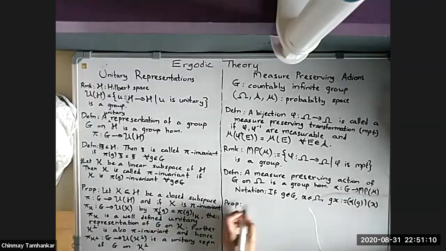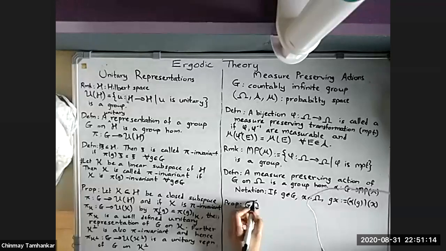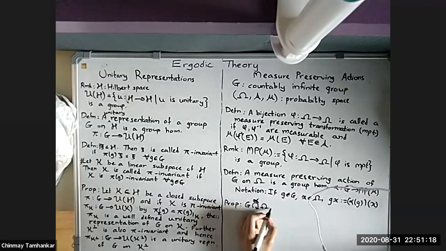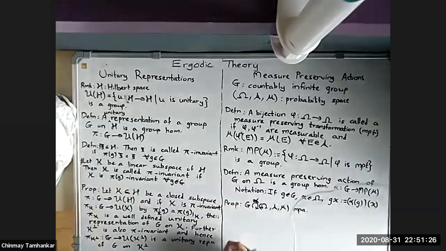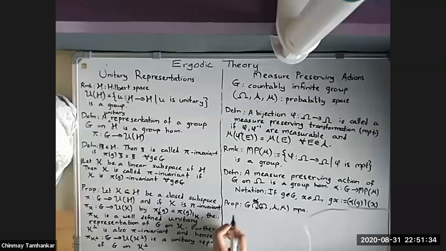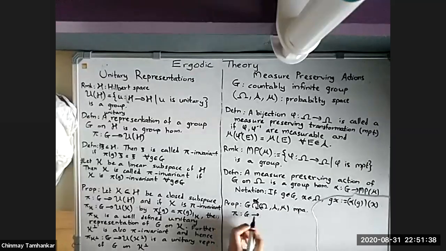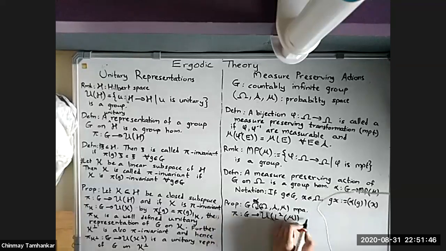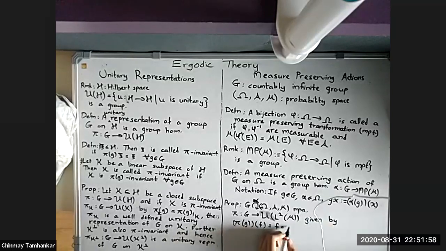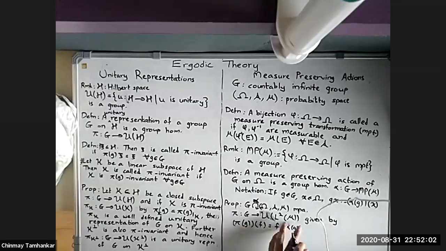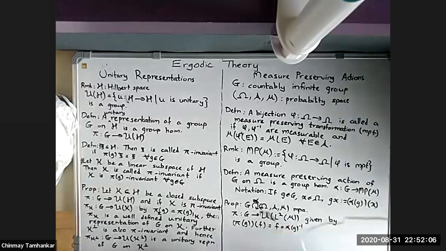If we have a measure preserving action of G on omega, then we can get a unitary representation of G on L2 mu, by composing with alpha g inverse, or we can put the inverse inside the bracket also.